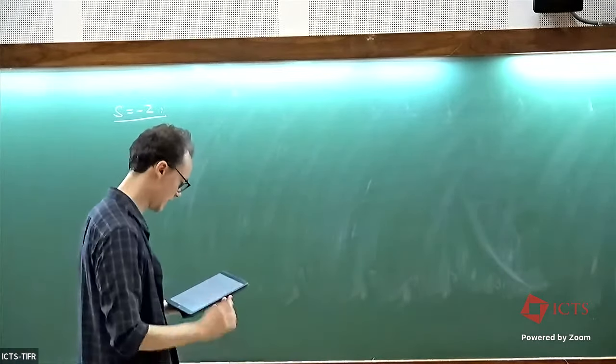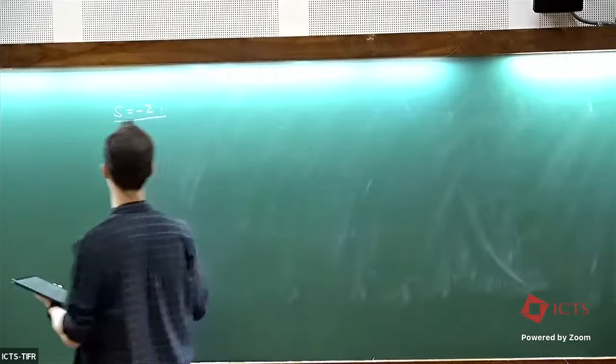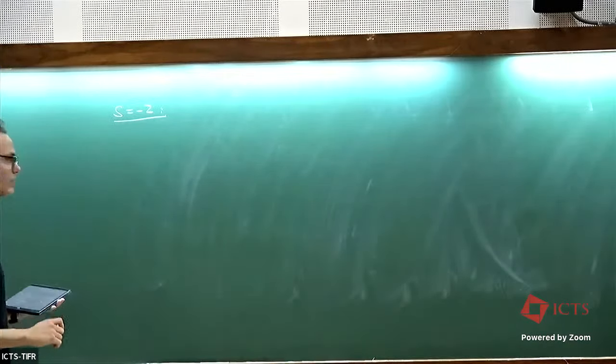Okay, and so let's first look at the polar equation. So we had already seen that for s equal to 0, this will just give you the spherical harmonics. But for s equal to -2, or s anything that's not 0, it can't be the spherical harmonic, but instead it's called the spin-weighted spherical harmonic.